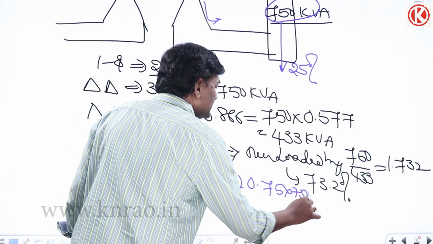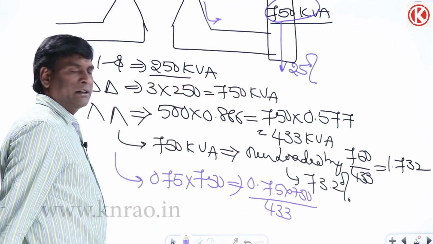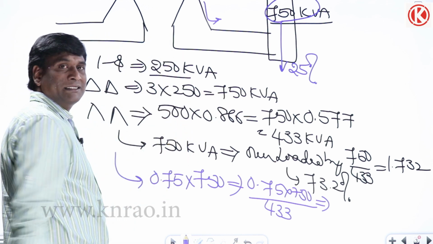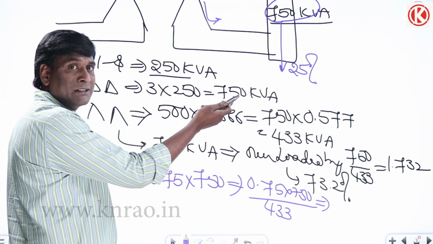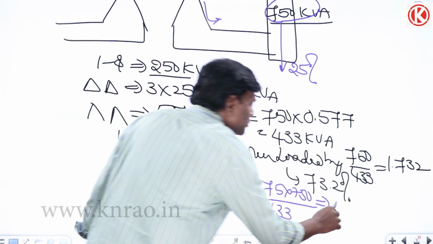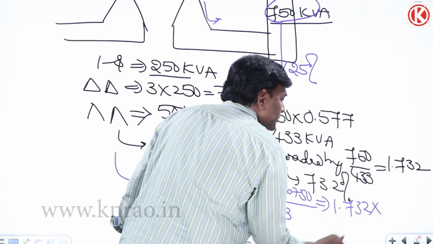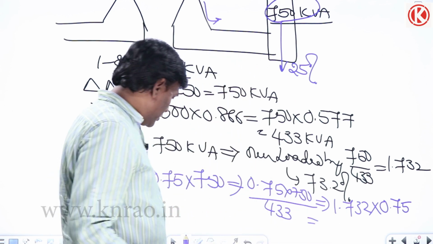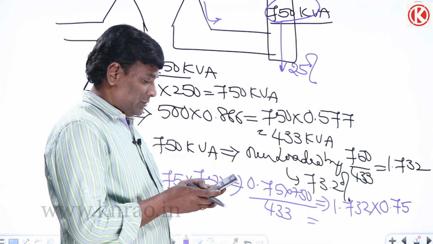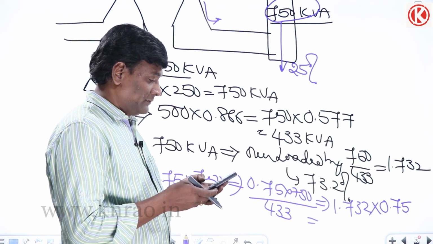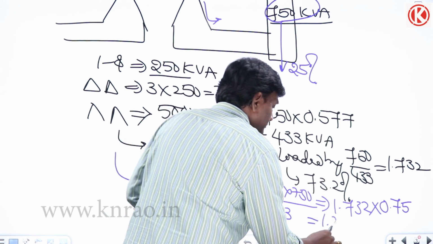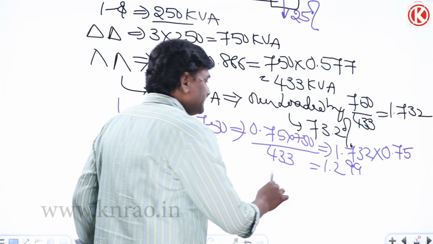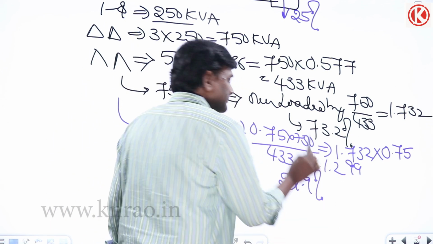Means if the load demand is 750 kVA, it is overloaded by 73.2%, but since it is reduced by 25%, the extra overloading will be reduced. So it is 1.732 into 0.75, since 75% of the load is maintained, which is 1.299, meaning each transformer will be overloaded by 29.9%.